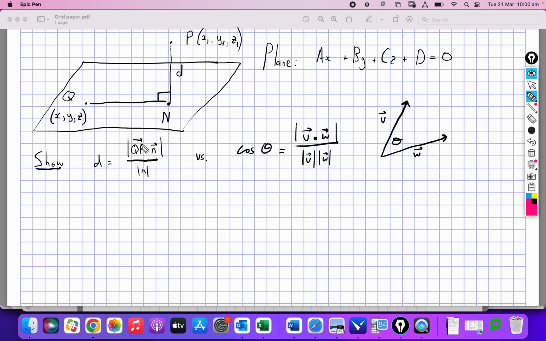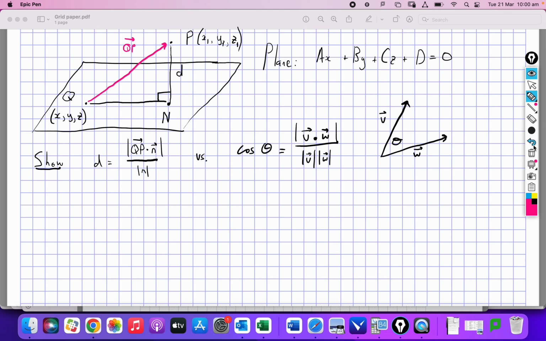I can see that they want vector QP, so I'm going to draw it in from Q to P there. Just label it QP. They want me to use the normal. That's fine. That's pretty obvious.